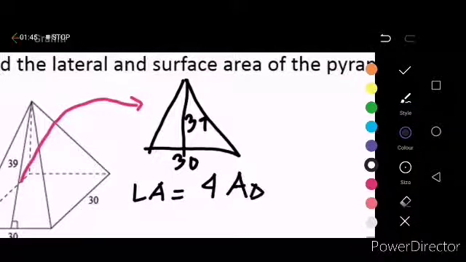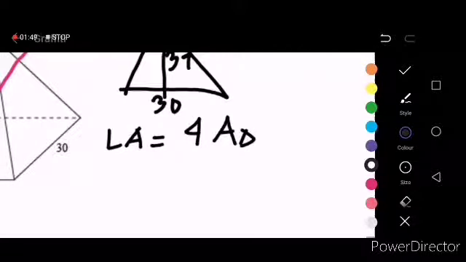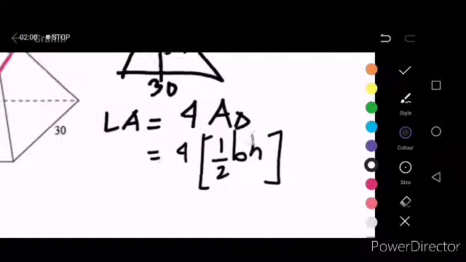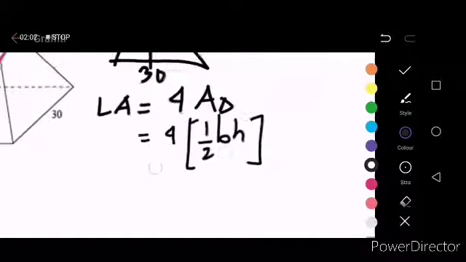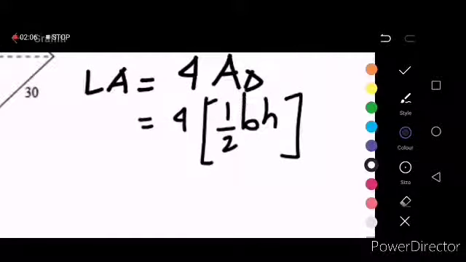Okay, bakit i-multiply ko sa 4? Kasi nga, 4 yung equal na triangle natin. And as we all know, the area of the triangle is equal to 1/2 base times height. Now, since we have the base and height of the triangle, we can now solve for the lateral area.